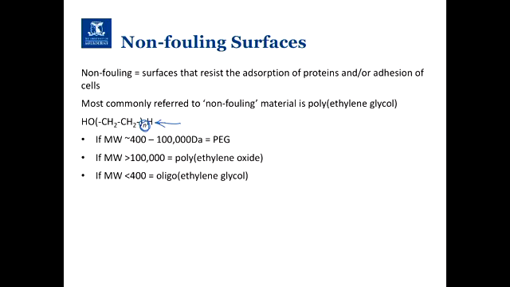While I say it's commonly referred to as PEG, sometimes you might see it in a textbook as polyethylene oxide, and sometimes even as oligoethylene glycol. Really, these three are all the same chemical repeating structure. I don't want to say it's all the same properties, because if you change the molecular weight, you are going to change the properties of the material. But it's all that same repeating unit.